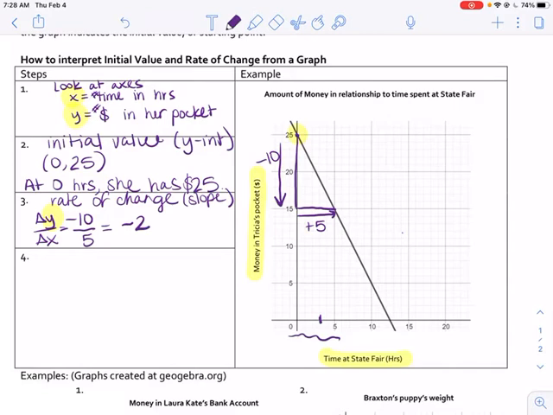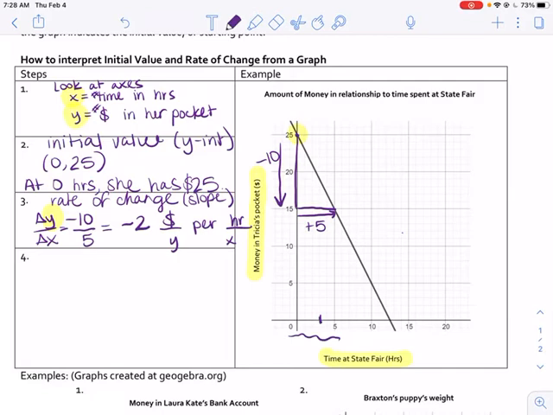So this is always going to end up being your y value per x value because we had y on the top. So I'm going to have my y value per my x value, and my y value, let's look at what I did in step 1, is dollars, and then it's per hour. So this is our y per x. So it's going down negative $2 per hour.